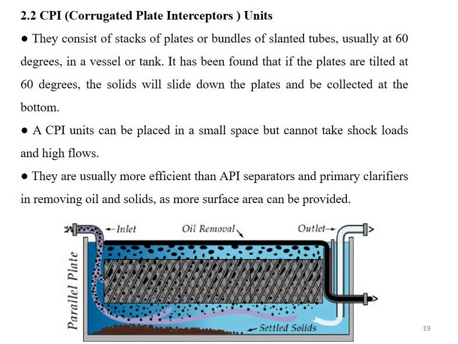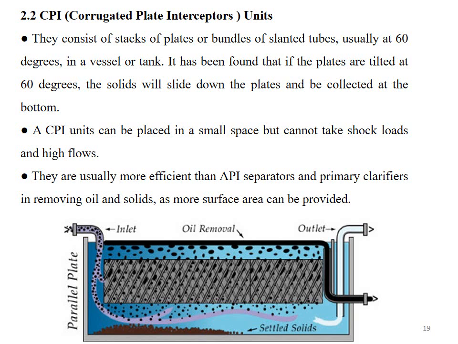As shown in this figure as well, these black lines are representing the slanted tubes which are arranged at an angle of 90 degree with the walls of the tank or walls of this vessel in which these are adjusted. It has been found that if the plates are tilted at 60 degrees, the solids will slide down the plates and can be collected at the bottom. Therefore, an angle of 60 degree has been suggested for these separators.